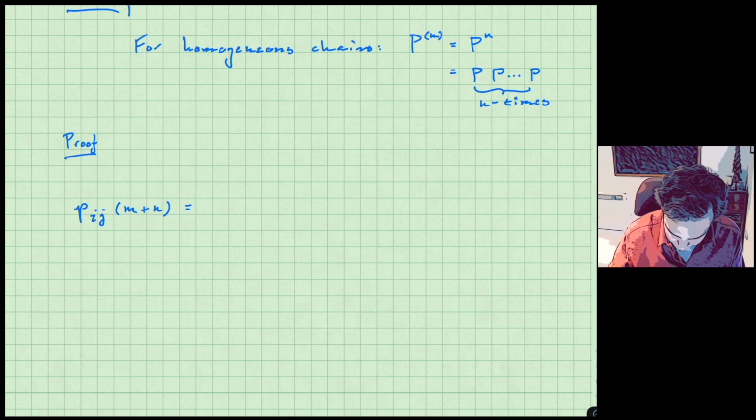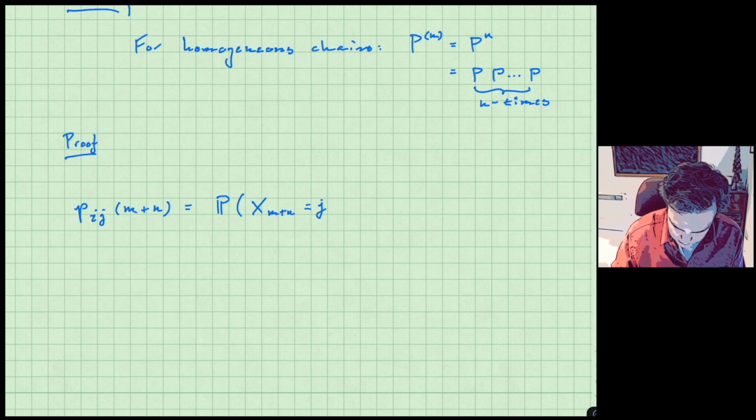We're going to say this is the probability, this is an element of that matrix, of being in state j at time m plus n. So you went in m plus n steps from i to j.